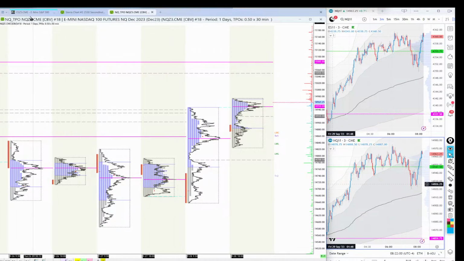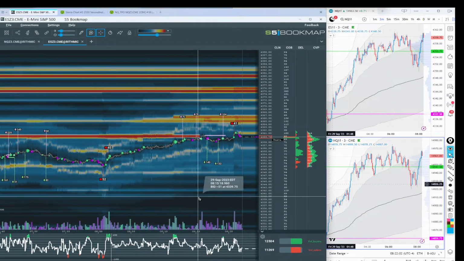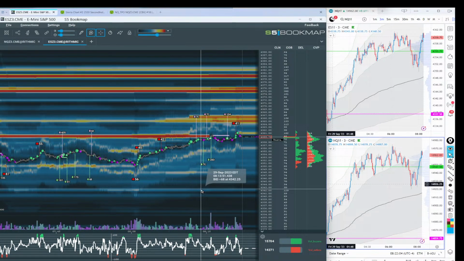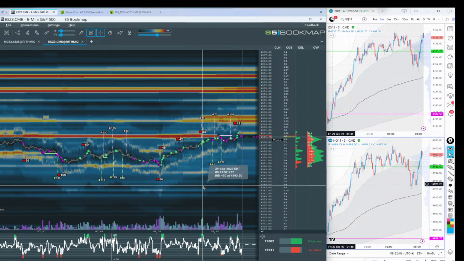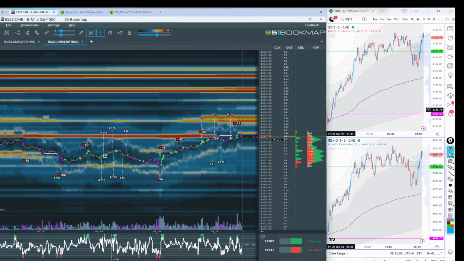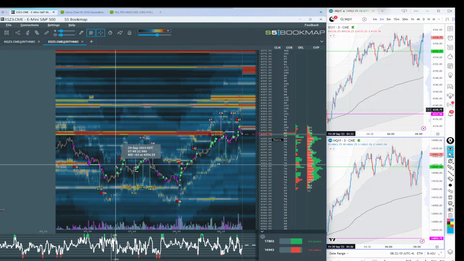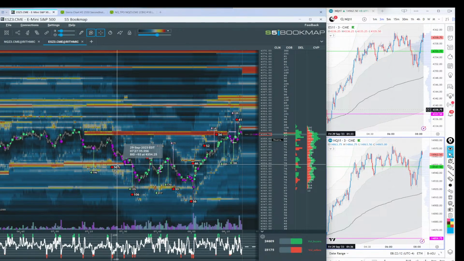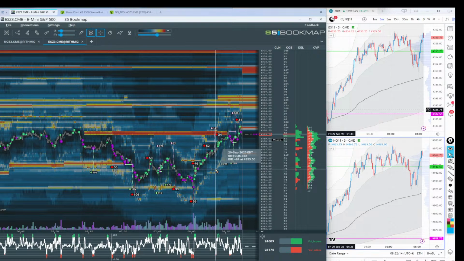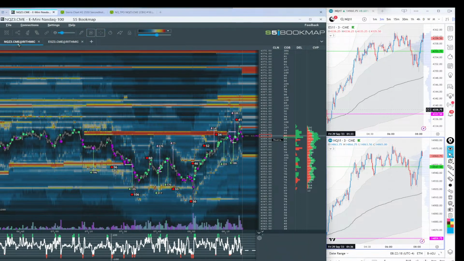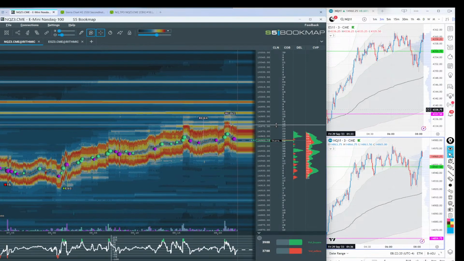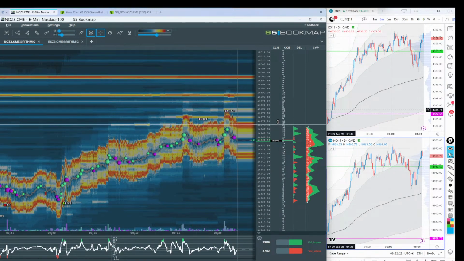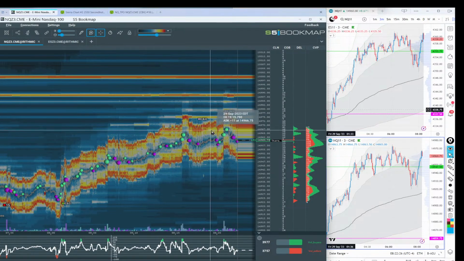Okay, and let us have a quick look at ES. I know I've done that very quickly. I just want to make sure that we have established our context going into this major news release. So I'm going to zoom into both of them, and I'm noting in NQ that we do have a magnet level now.